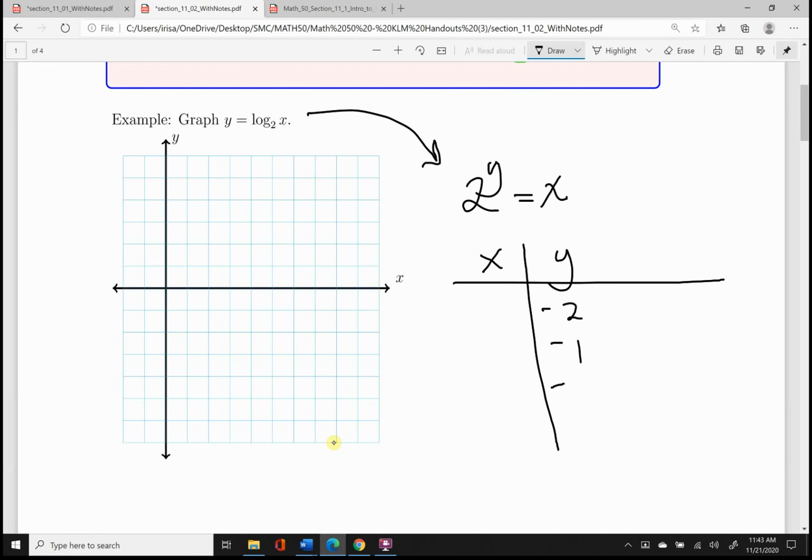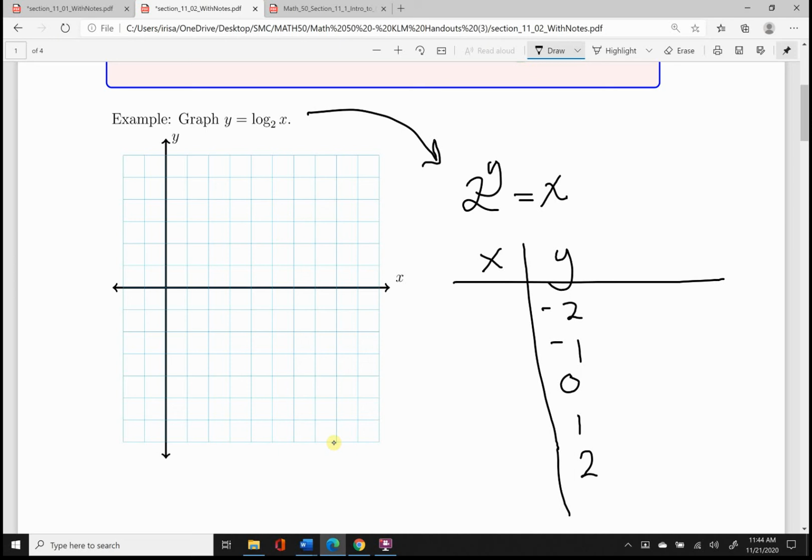So the next value in my standard 5 is 0, which is neither positive nor negative, 0, 1, and 2. So if these are my inputs, I know it's a little bit weird to have y act as the inputs, but it's acting as the independent variable here in the structure of the equivalent form of the logarithmic function, okay?